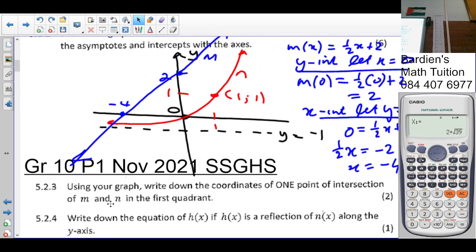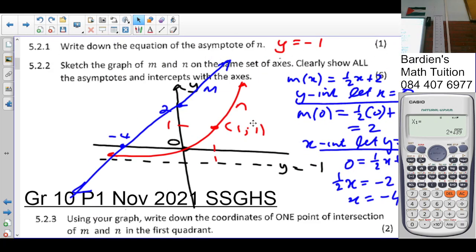Okay, so the question says, using a graph, write down the coordinates of one point of intersection of m and n in the first quadrant. So that means this graph is going to be extended here, of course, and this graph is also going to be extended.